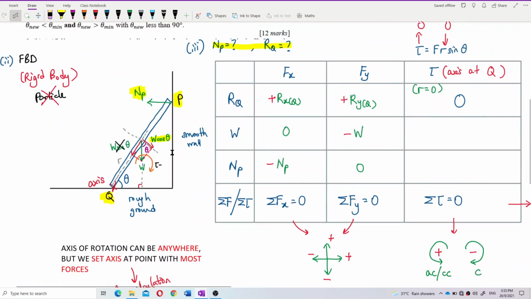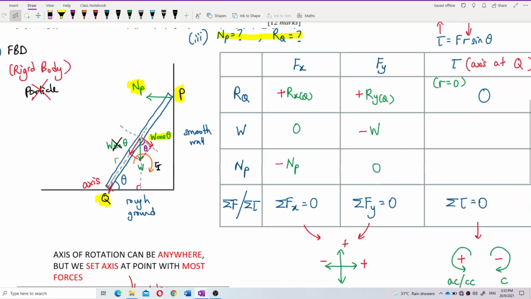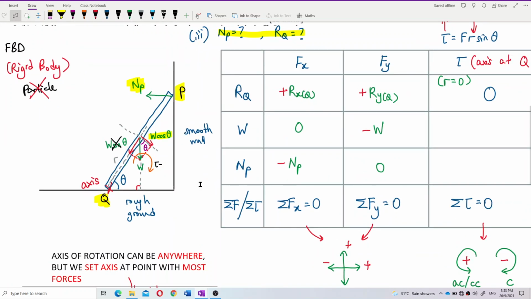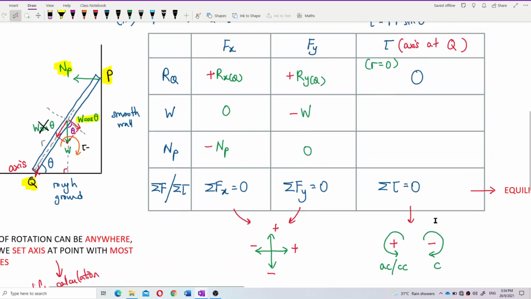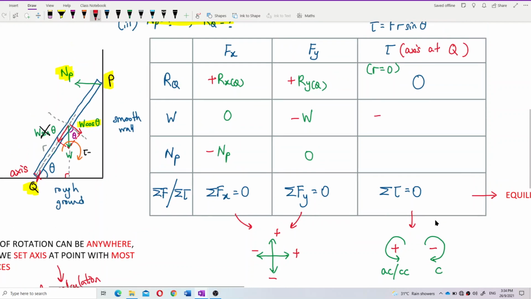So what's the torque by the W? Let us write it down here. The torque by the weight is negative because it is clockwise. Understand? Clockwise you put a negative sign.